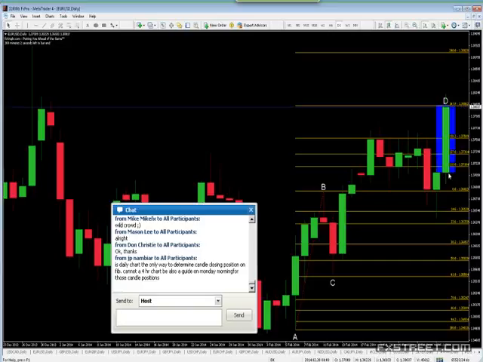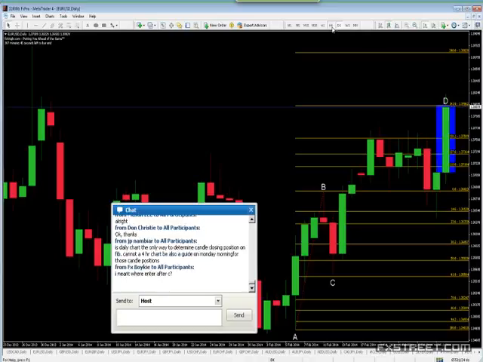Wouldn't a very likely entry point be if we break this ceiling and then retest it from underneath as a floor? You see what I got? I got a complete trading plan. I know what it's going to take to get me into a trade. I know where my target is. I'll show you stops in just a moment. Let me drill down further.